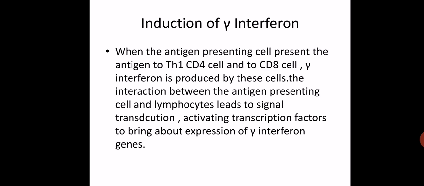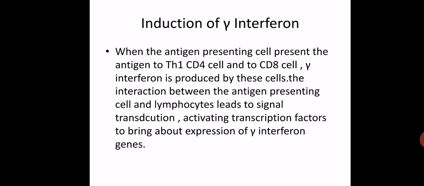So CD4 we commonly call a helper T cell, and CD8 we commonly call a T suppressor cell. So when the antigen presenting cell, or APC, presents the antigen to CD4 and CD8 cells, gamma interferon is produced by these T cells.